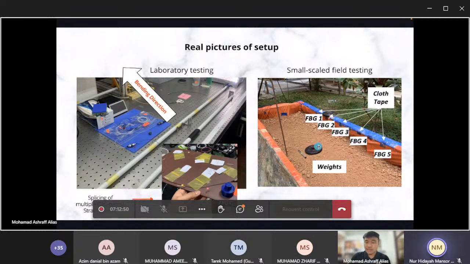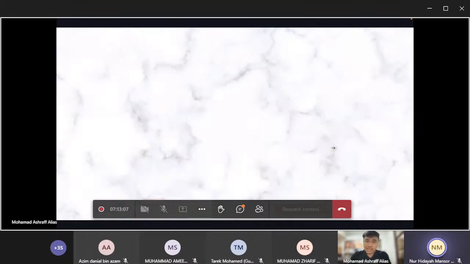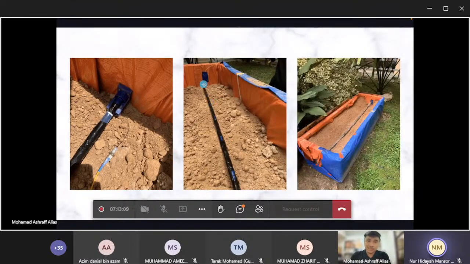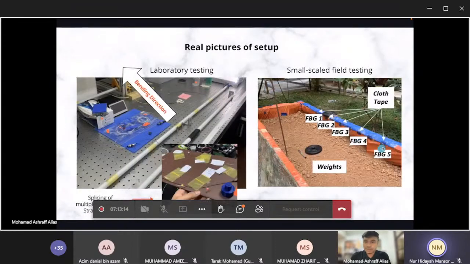And how do I know the location of each FBG upon burial? Because when we bury the extensometer under the ground, it would be difficult for us to locate each FBG location. So that is why when I placed the extensometer here, I first marked each FBG location using a cloth tape here.